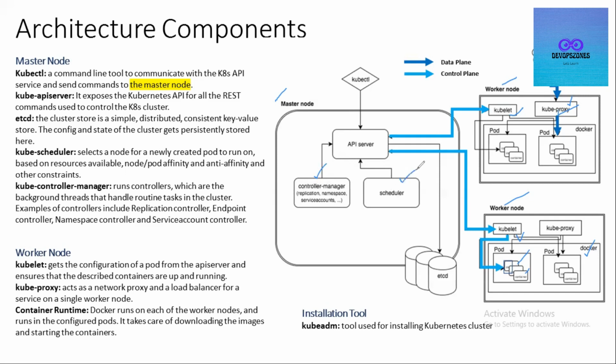You have the scheduler, which is responsible for scheduling workloads to worker nodes, checking worker node capacity, and deciding intelligently which workload should go to which worker node, right. And then you have etcd here, which will have the metadata for your whole Kubernetes cluster, and which should be placed in your master node, right.